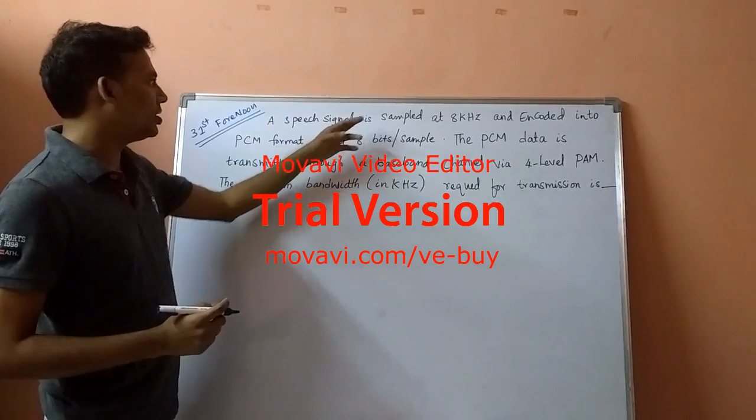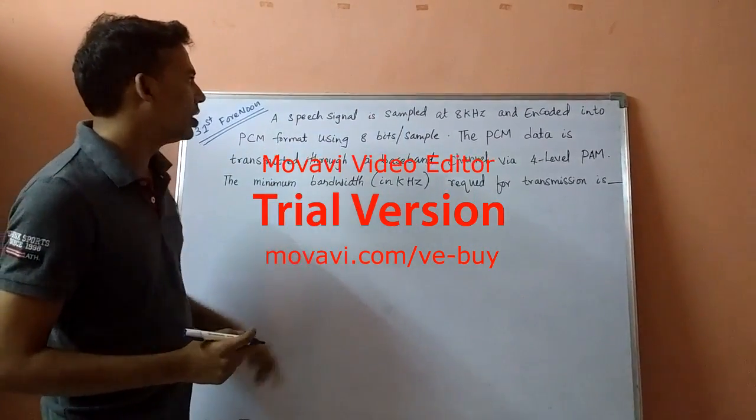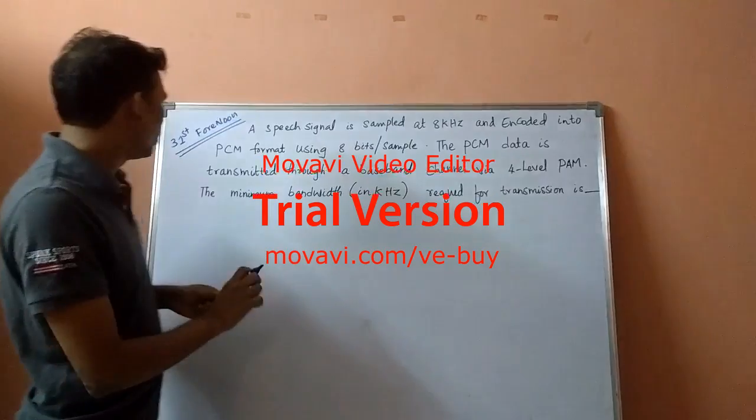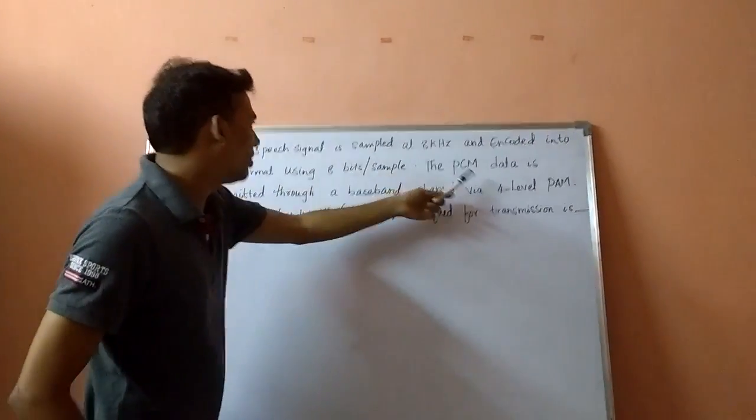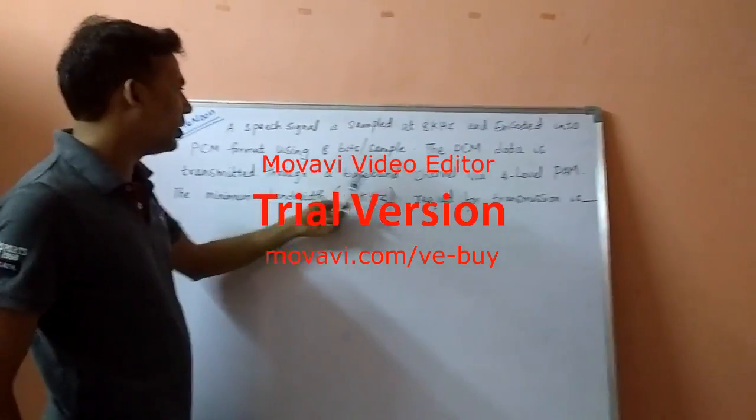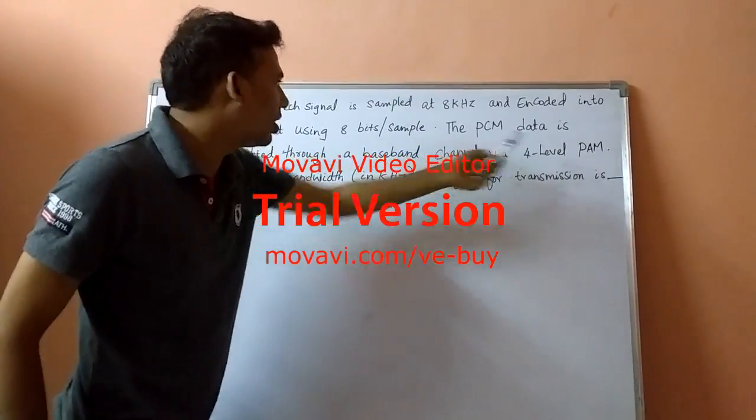A speech signal is sampled at 8 kHz and encoded into PCM format using 8 bits per sample. The PCM data is transmitted through a baseband channel via 4-level PAM.